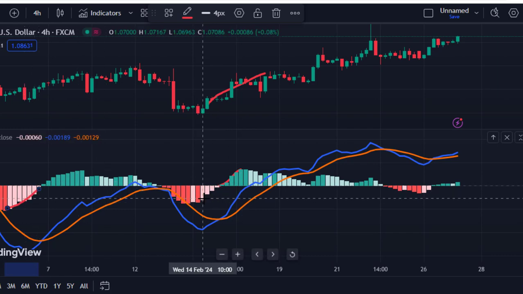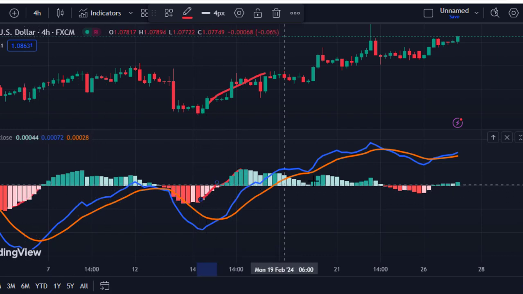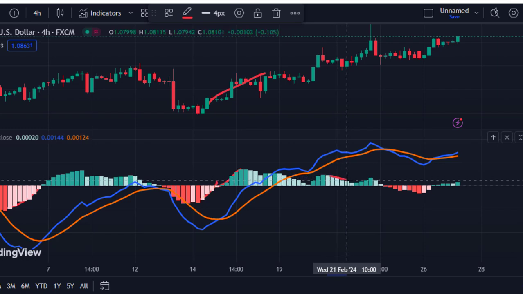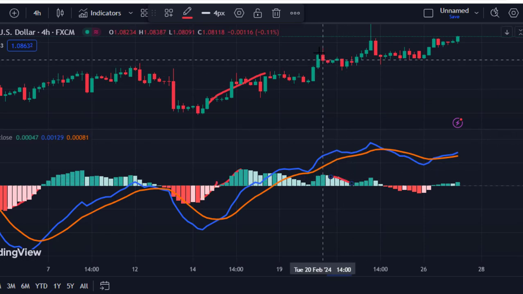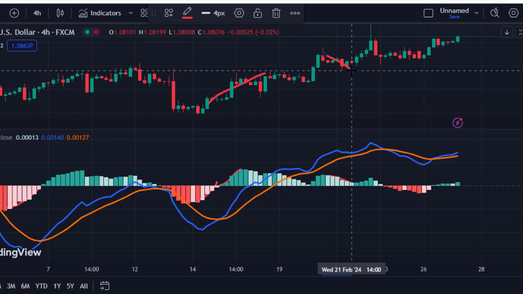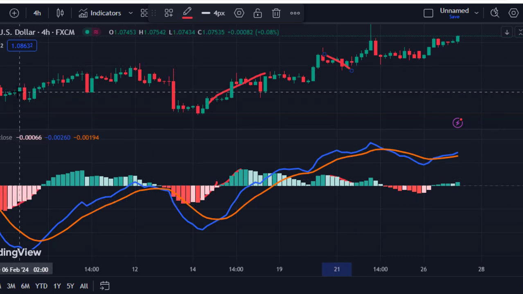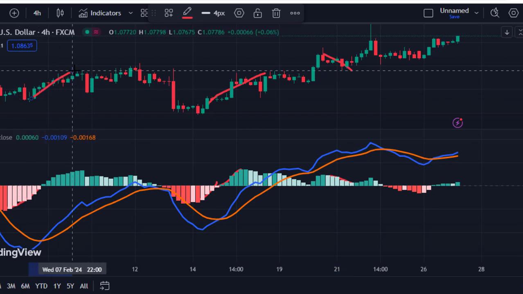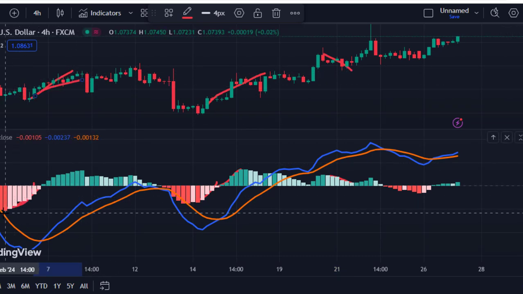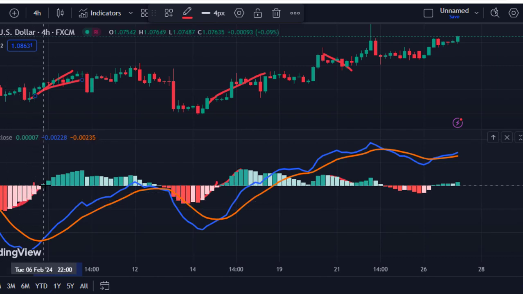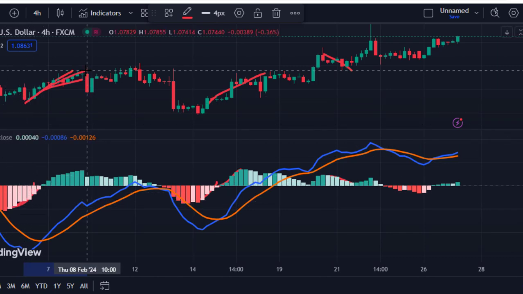So anytime you see this milk-like color, it means that there is reduced momentum from the upside downward at this area. It also means that there is reduced momentum from the downside upward from this area, and the market begins to move upward here. This is a very, very important thing you need to pay attention to on the MACD indicator.